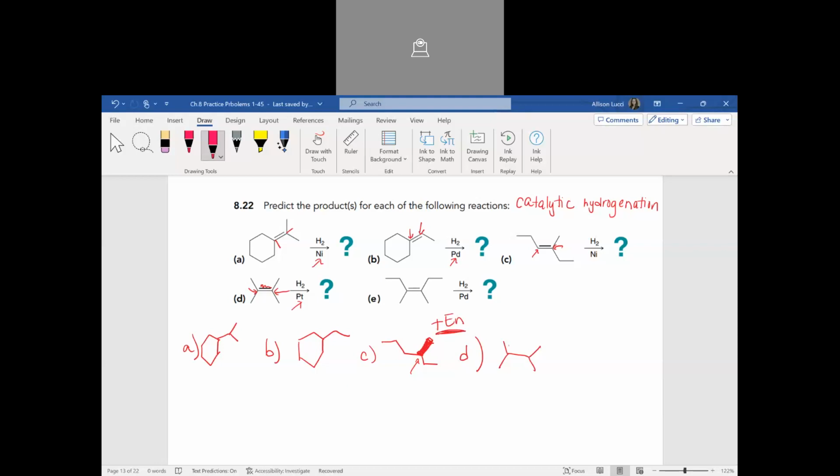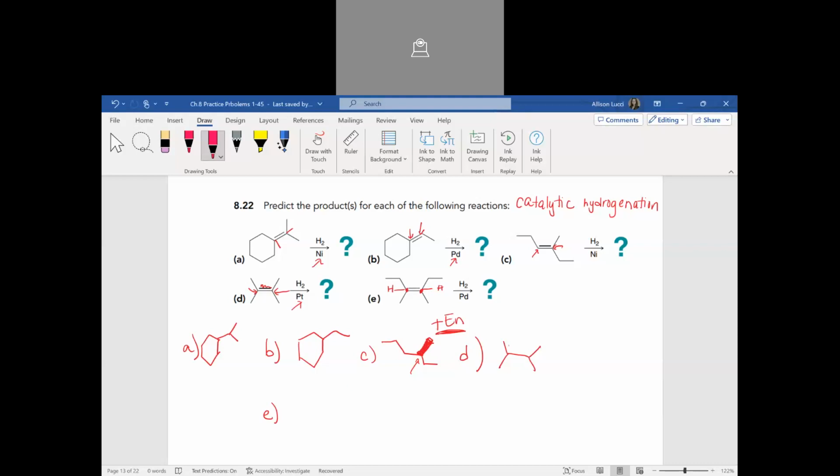So when we look at E, the reason I mention that is because we will create a chiral center, or two actually here, because both of these carbons, when they gain hydrogen, on either side here, we're going to see 1, 2, 3, 4 different groups on each of the carbons.